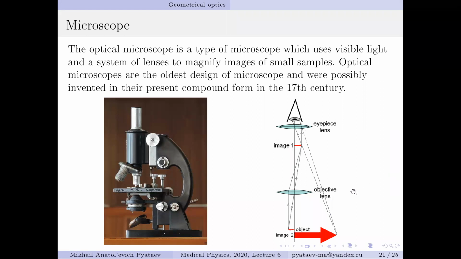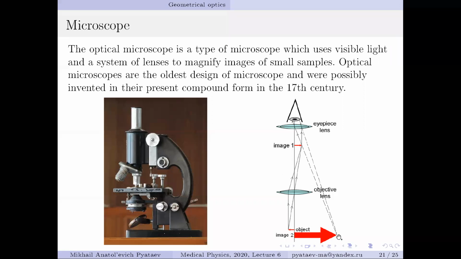And again, if we use an eyepiece lens, the image is virtual and it is seen with the eye as an image formed at a distance of 25 centimeters from our eye. So here is the simplest scheme of a microscope.